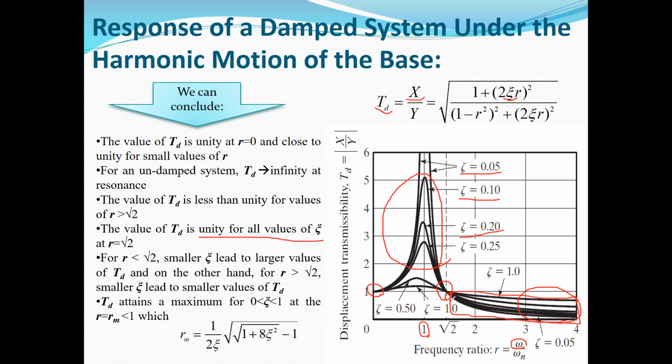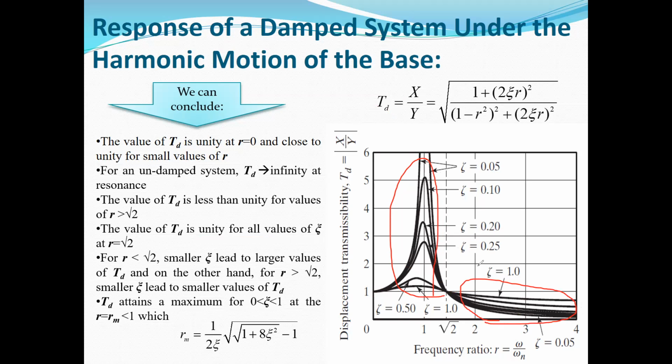So when omega is less than square root of 2 times omega n, or when we are in this area, you can see that by increasing the damping ratio, TD is decreased, and in this area, by increasing the damping ratio, TD will decrease.